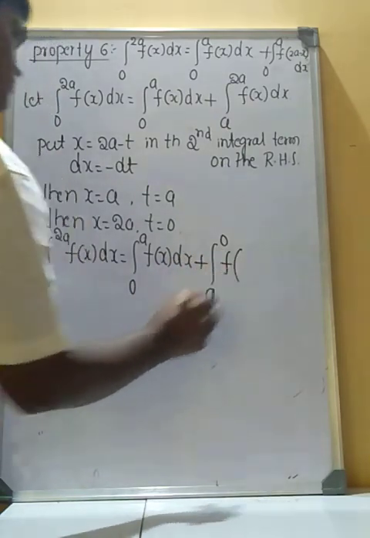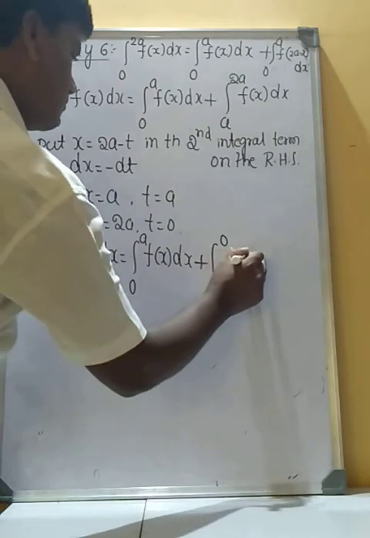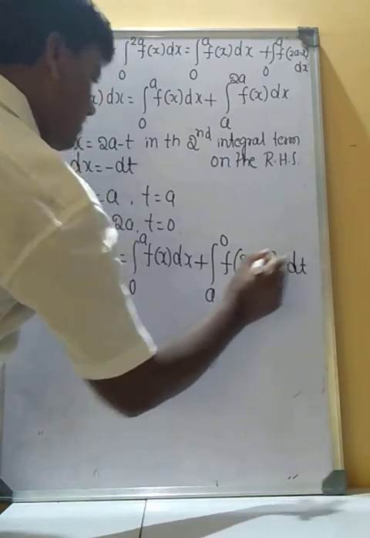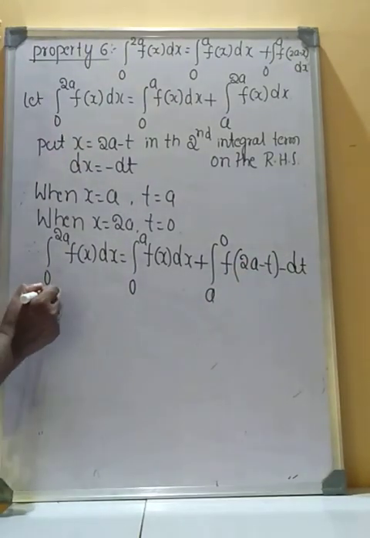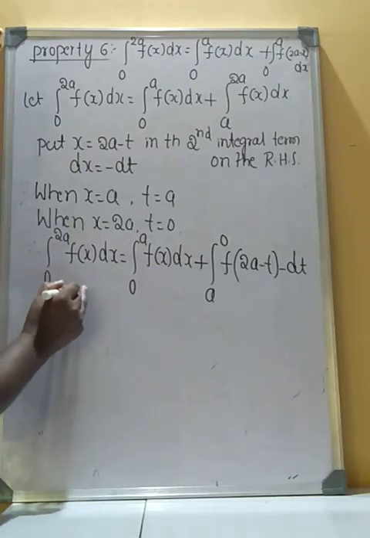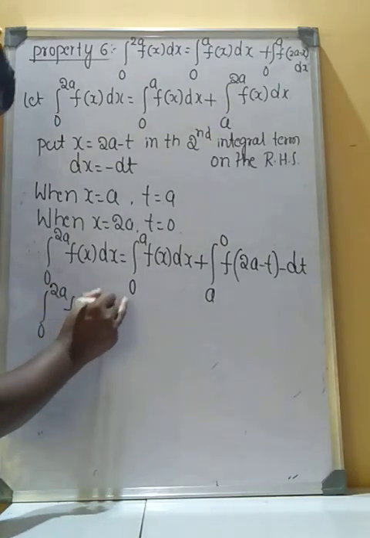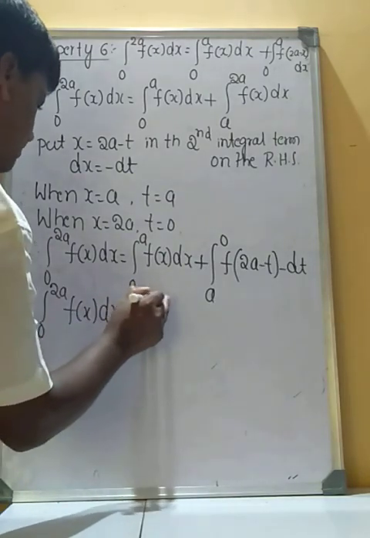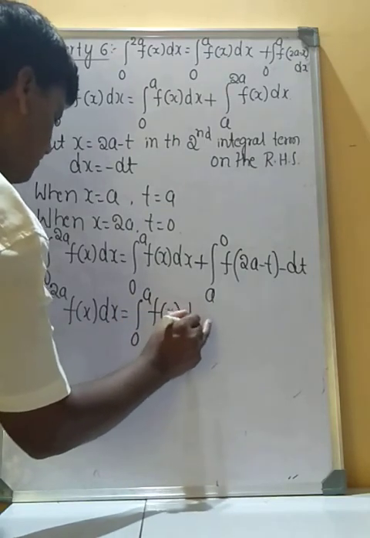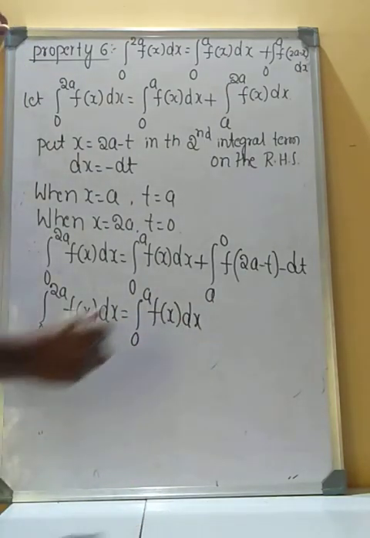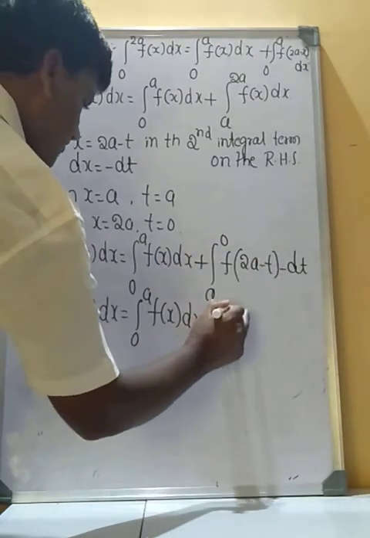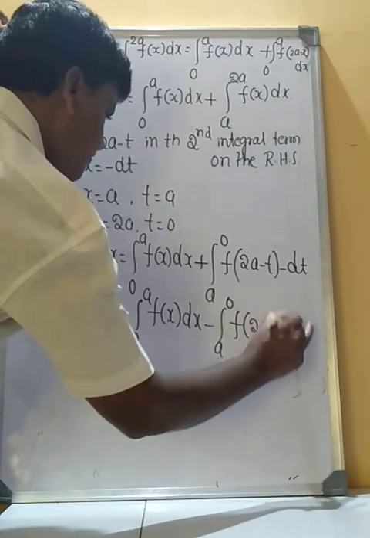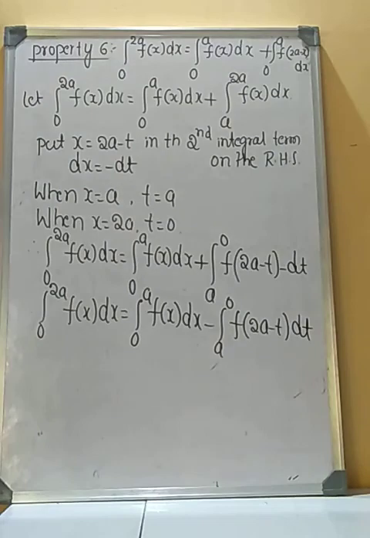So f of 2a minus t into minus dt. Therefore, integral 0 to 2a f of x dx equals integral 0 to a f of x dx, taking minus, plus into minus, minus integral a to 0 f of 2a minus t dt.